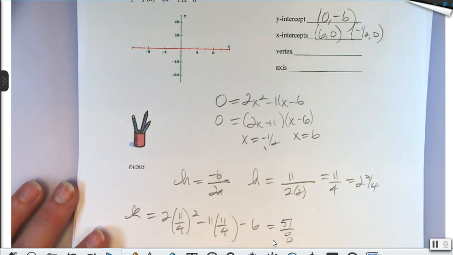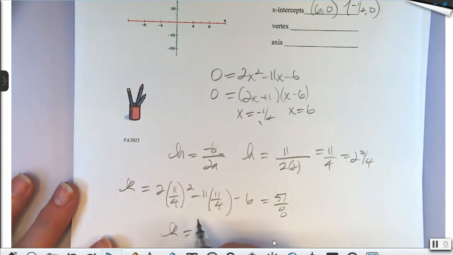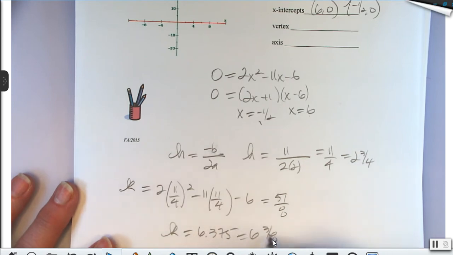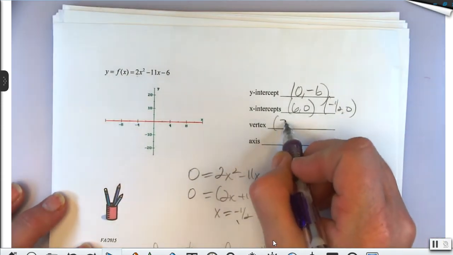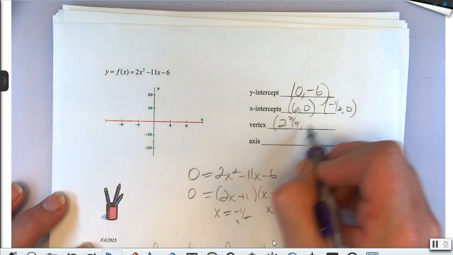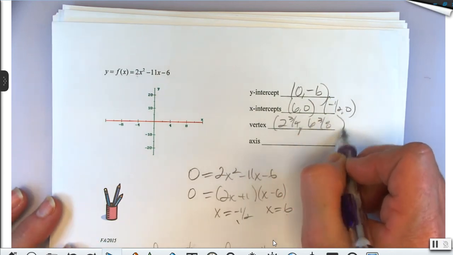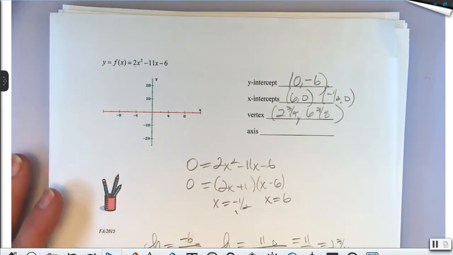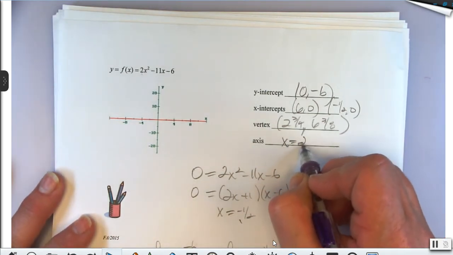If you're more comfortable with a decimal, this is going to be something like 6.375, or this is also 6 3/8. So I'm more of a fraction person, so I might put this in as 2 3/4, and this is 6 3/8. Okay, and our axis of symmetry, again, is going to run right through our vertex. It is going to be the x coordinate of our vertex there.